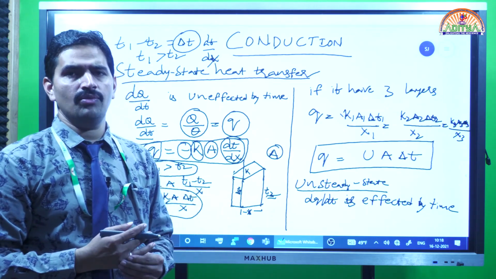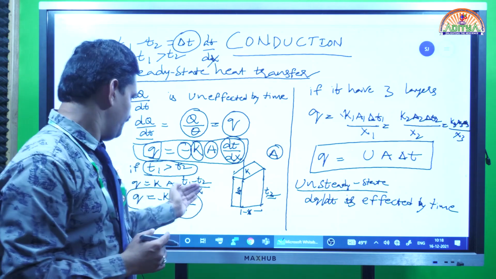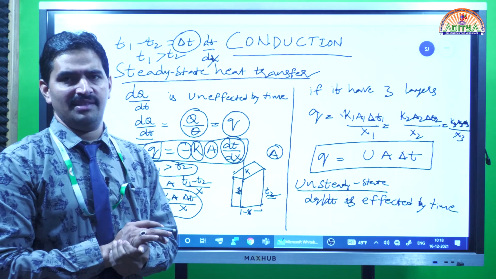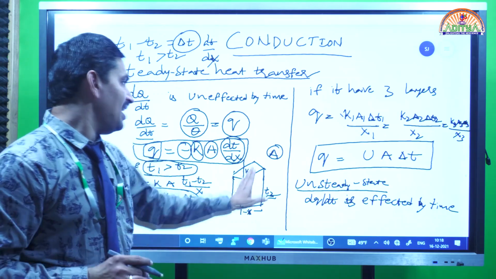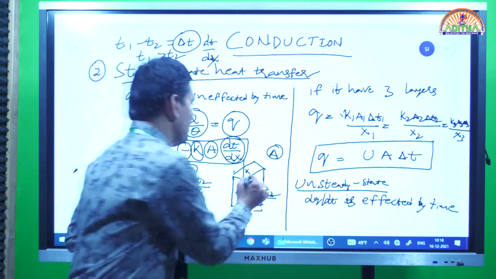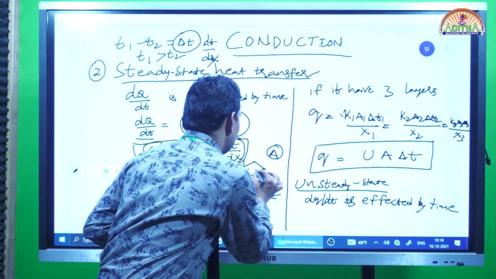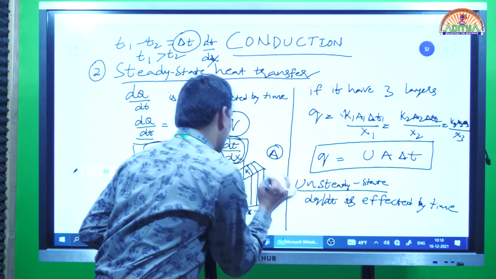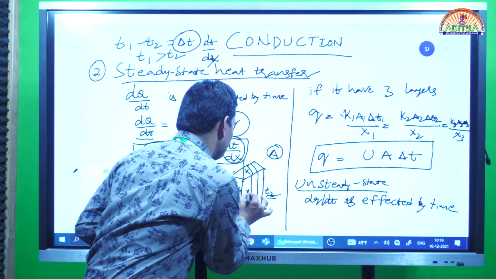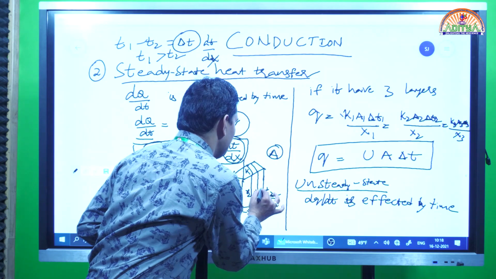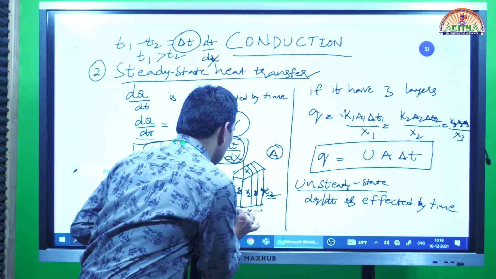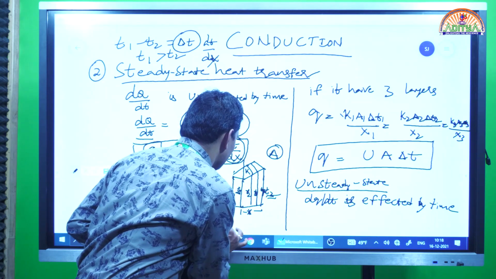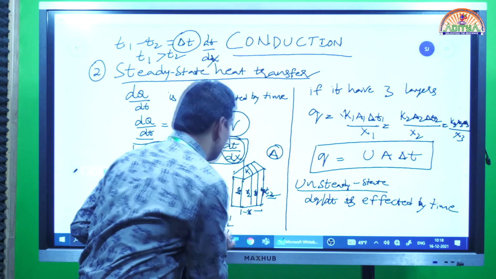In such a way we are going to write heat transfer through a particular slab having two faces. And if it is having three layers, this is T1, this is T2, this is T3, this is T4, and the first layer's thickness is x1, the second layer's thickness is x2 and the third layer's thickness is x3.